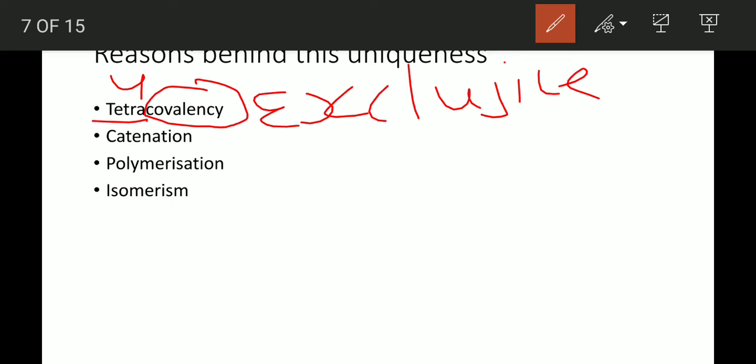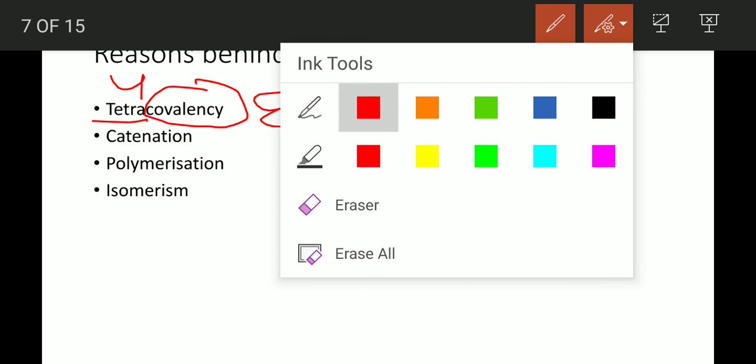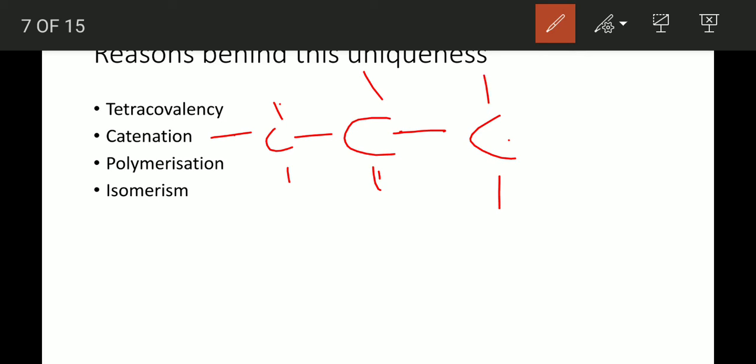And next, catenation. Catenation means this carbon makes so many bonds with its own atoms.